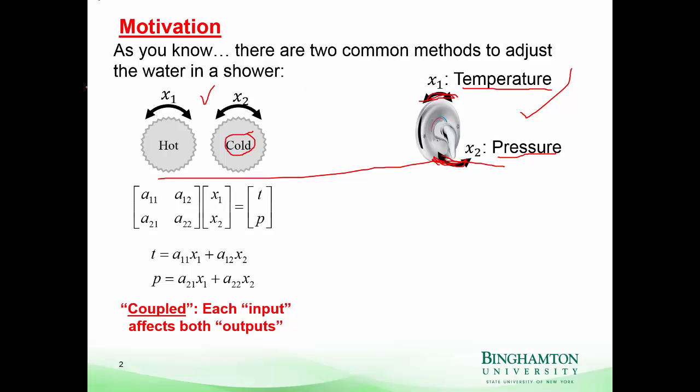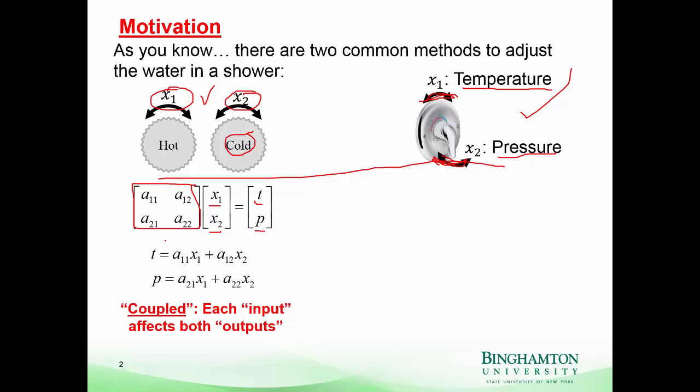Suppose I've got some matrix here. I've got my X1 and X2, so these are the numbers that I have control over. So we're still viewing things in terms of this transformation viewpoint rather than solving a system of linear equations. And there's some 2x2 matrix that is operating to map the X1 and X2 into temperature and pressure.